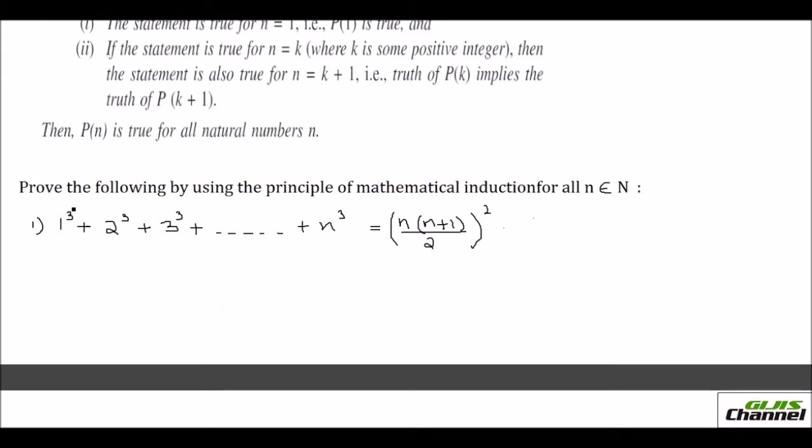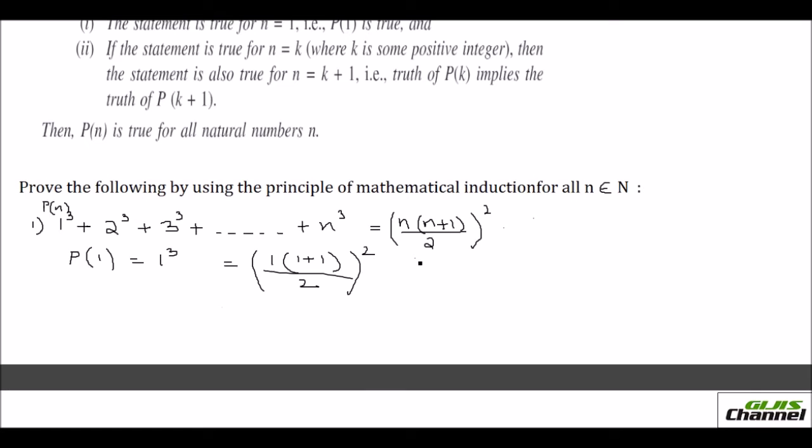So let us take P of 1, where P of n is the statement. What will P of 1 be? It is just 1 cube, since you have just one term. On this side you have 1 times 1 plus 1, as n is 1 here, over 2, the whole square.